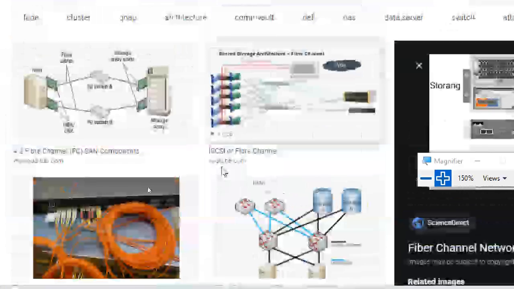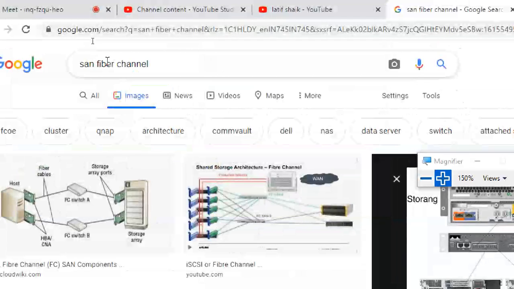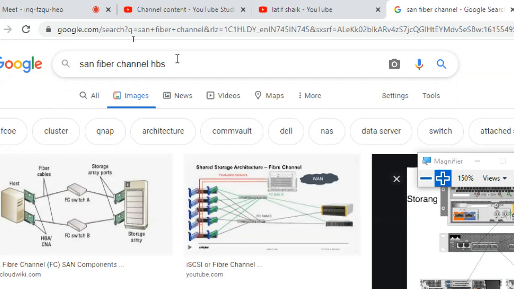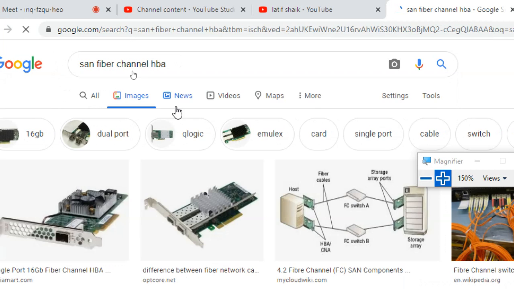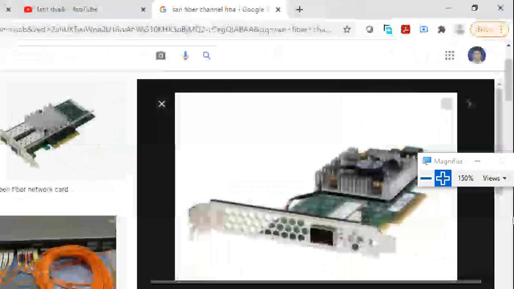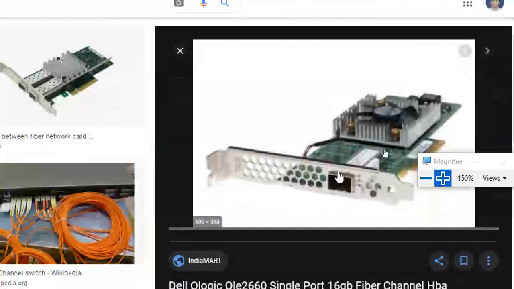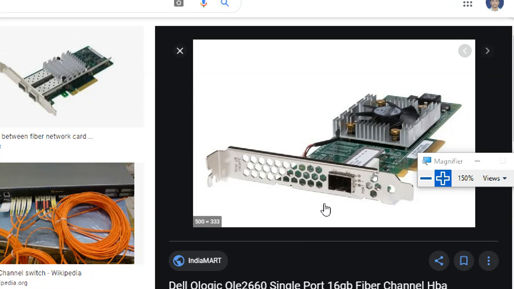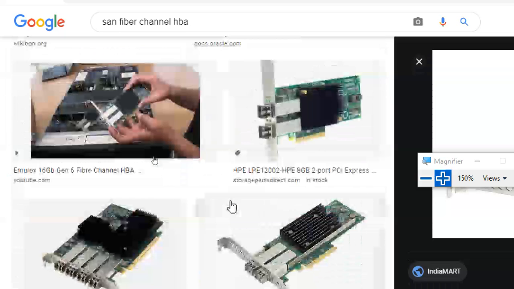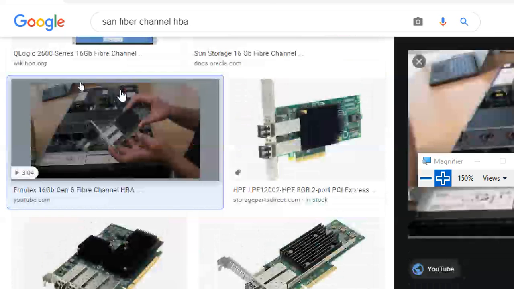I want a device, so I will go to HBA. This is a connector for the system. You can see it's a fiber optical connector, and the fiber optical plug goes directly into this. Like if you have a server, you can connect it to that.